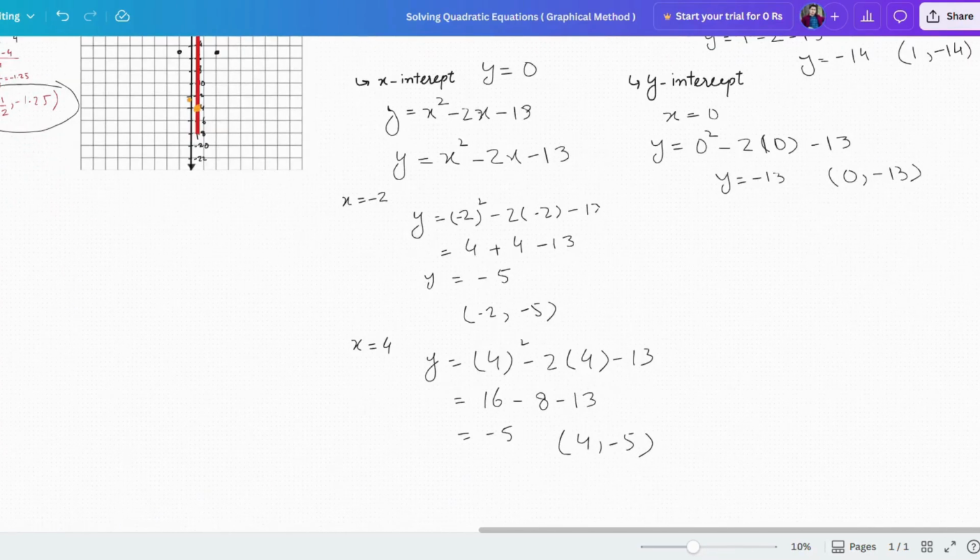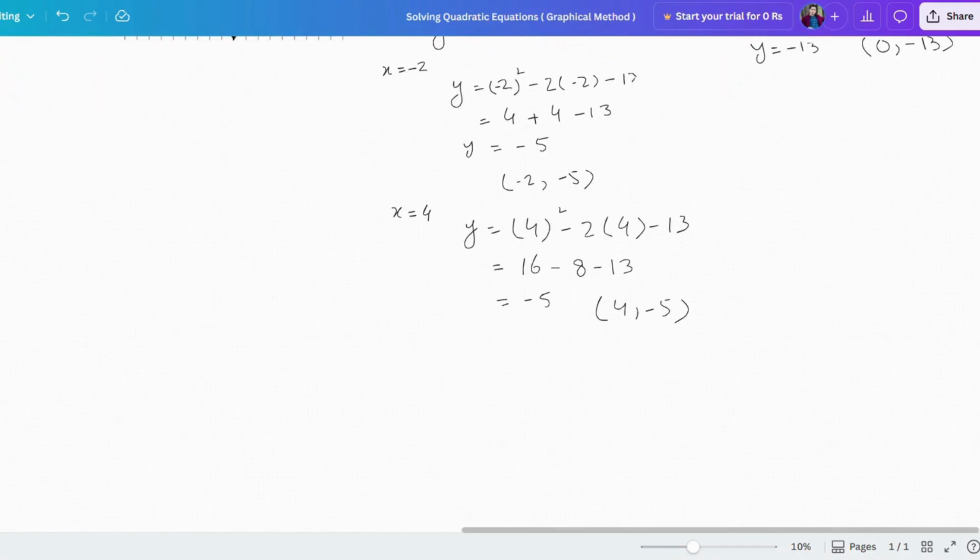Now I can put another point, x equals 6. So y is equivalent to 6 squared minus 2 times 6 minus 13. So y is equivalent to 36 minus 12 minus 13.